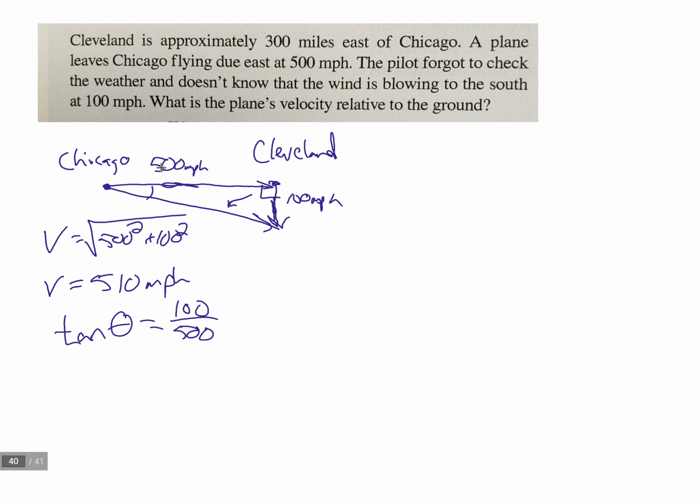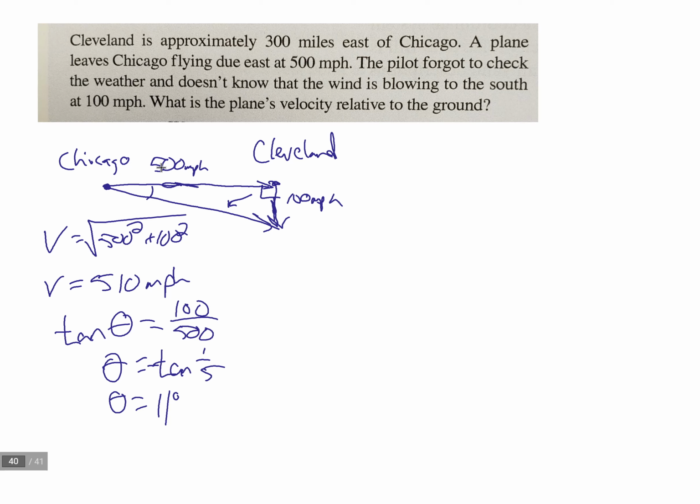The double zeros on the top and the bottom are gone, and I need to take the inverse tangent of both sides. So theta equals arctangent of 1/5. Okay, we need to be in degrees. We enter that into our calculator, and we wind up with theta equals just about 11 degrees.